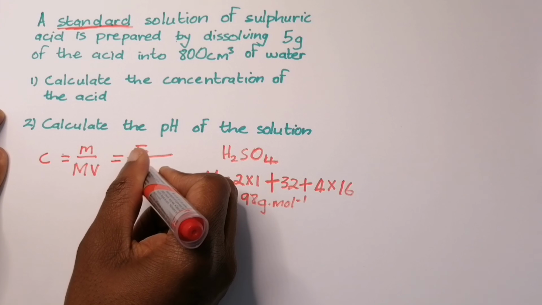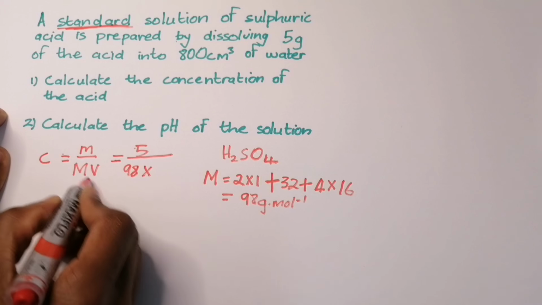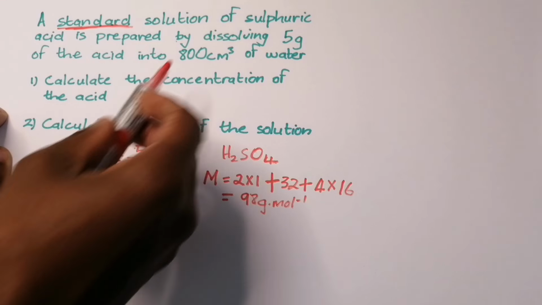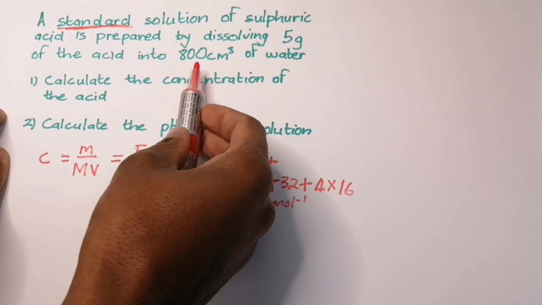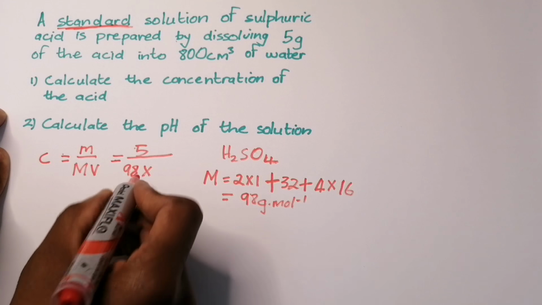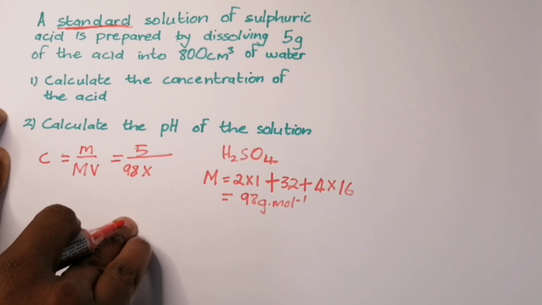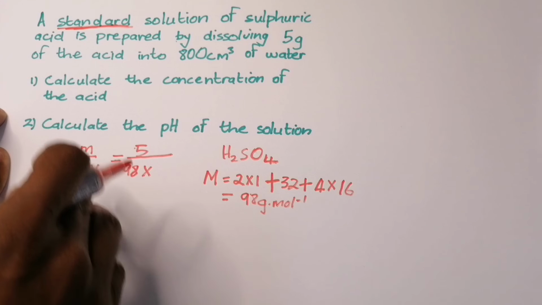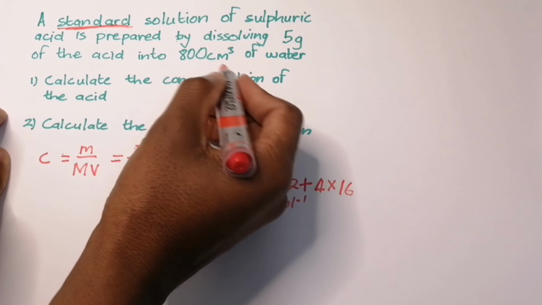My molar mass value is 98 multiplied by the volume. So where do I get the volume? I'm given it in the question. They said it's 800 cubic centimeters. Now please keep in mind that anytime I deal with the number of moles over volume, my volume always needs to be in cubic decimeters.